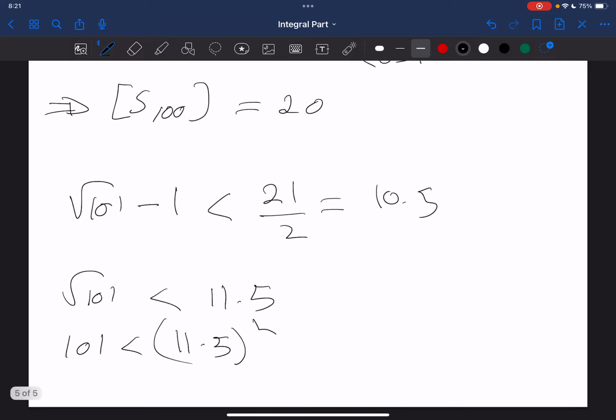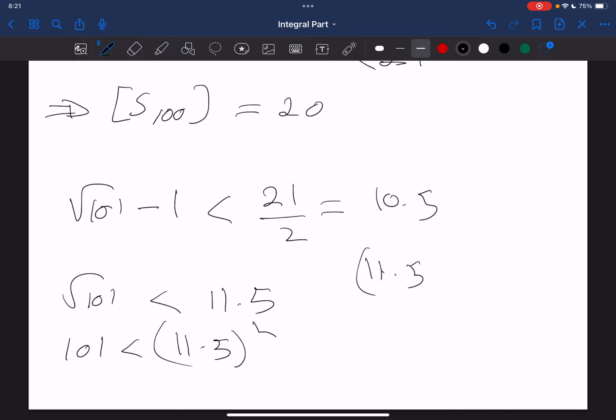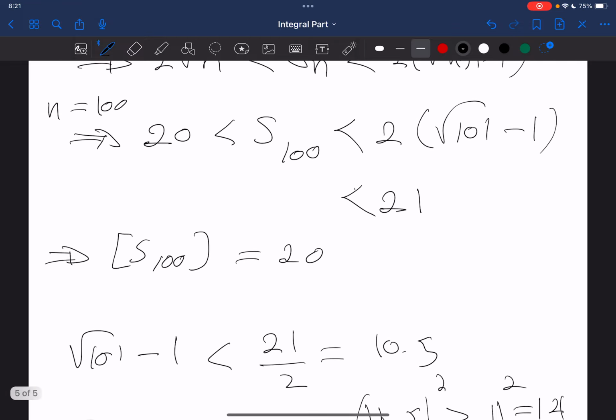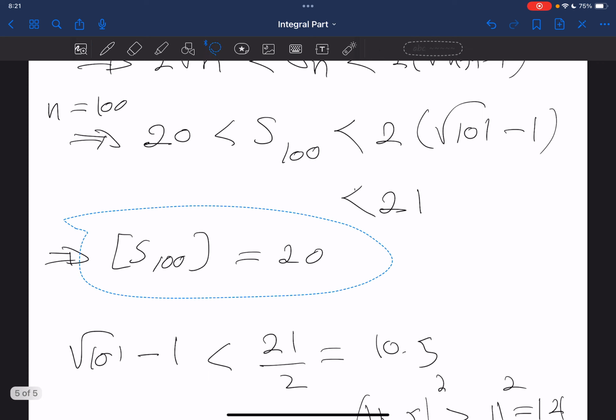But 11.5 to the power 2 is larger than 11 to the power 2, which is 121, and this is definitely larger than 101. So we basically show the answer is 20.